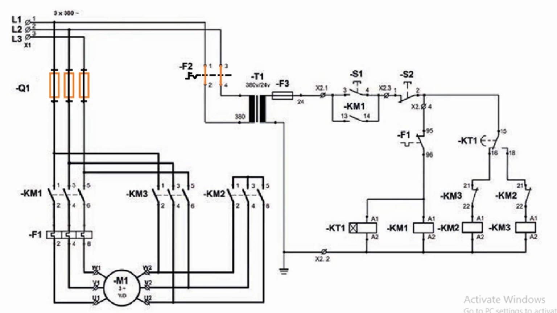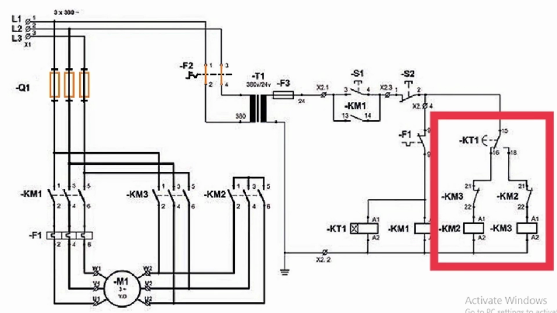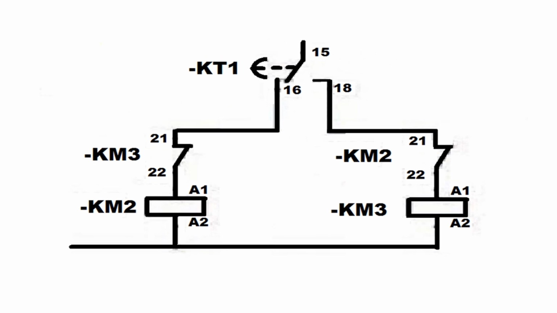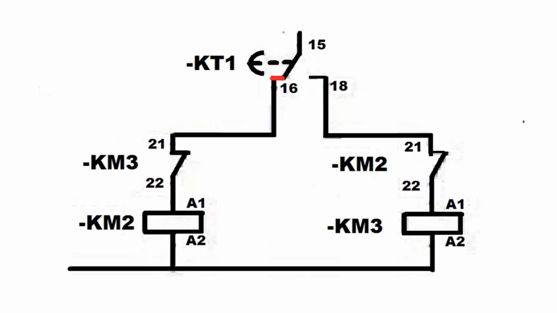Coming to the control circuit, it has timer KT1 and contactors KM2, KM3, which will be used for switching from star to delta. In the control circuit, you will see the interlocking between the KM2 contactor and the KM3 contactor. Interlocking means they both cannot start at one time.